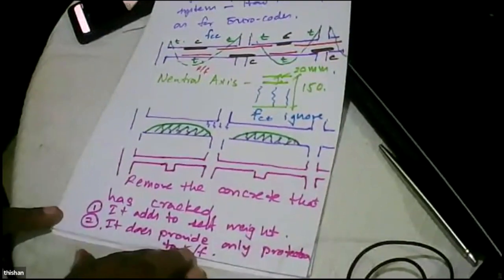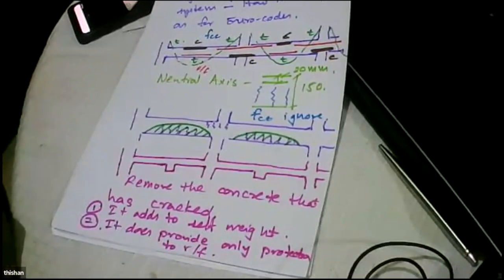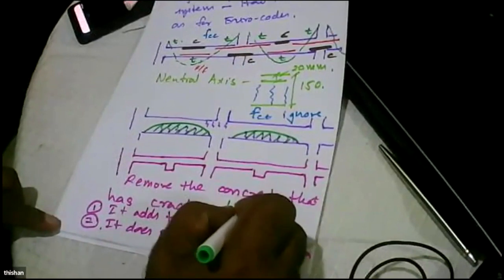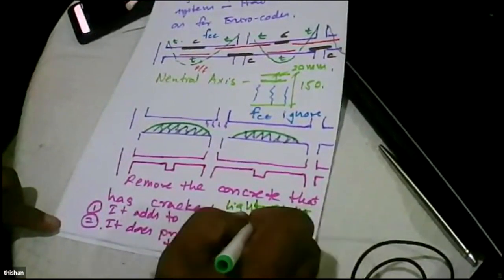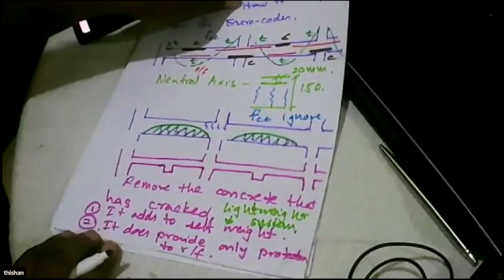It's not doing anything else. It does only one thing, that is provide protection to steel. So let's remove it. And once you remove it, we have a lightweight system. Right. So let's remove it.